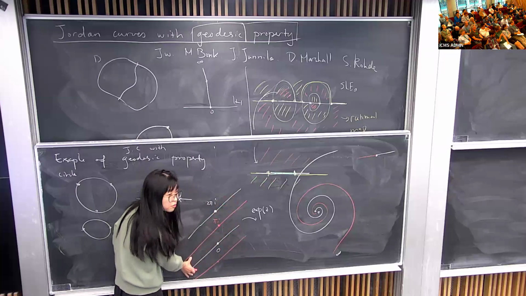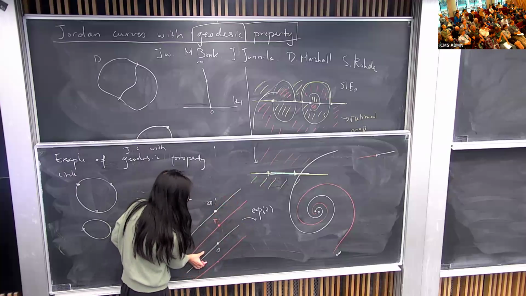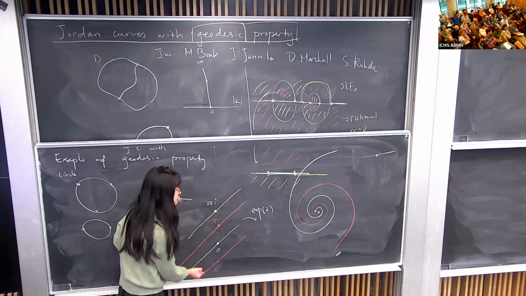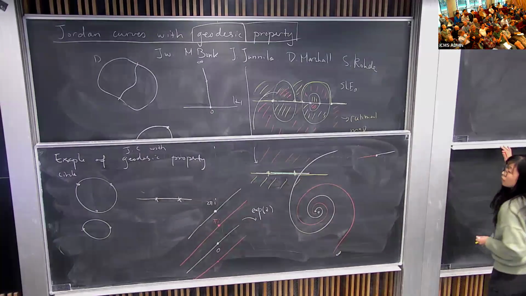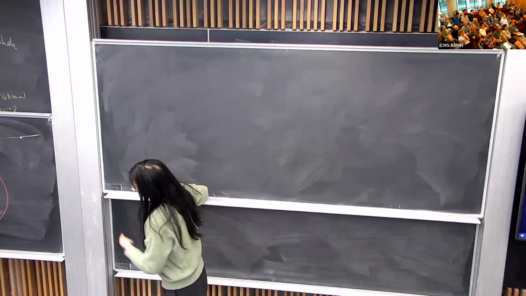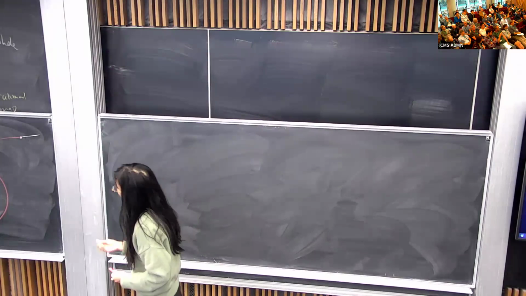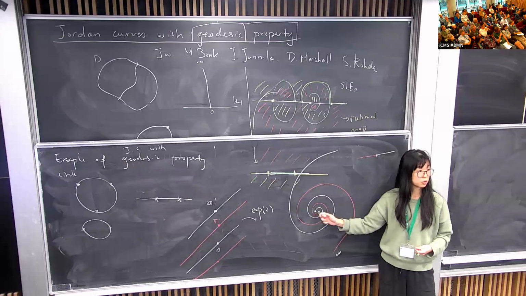So this white curve is also the hyperbolic geodesic in the complement of the red curve. So actually the spiral would be an interesting case, but today we want to rule out this situation from happening.